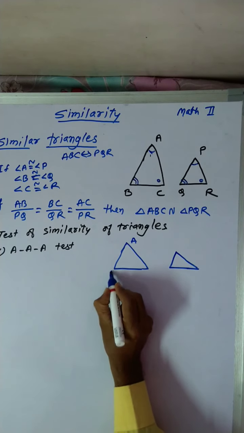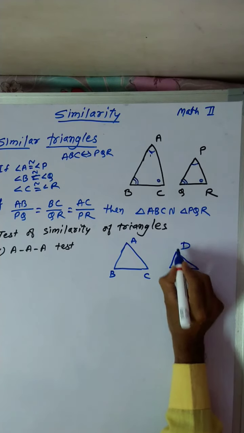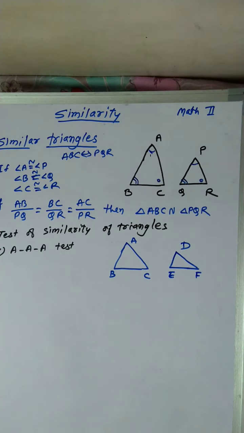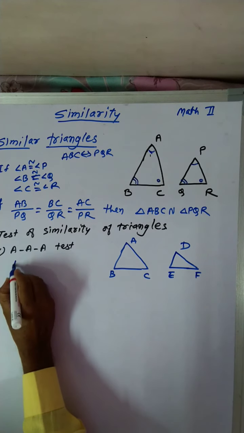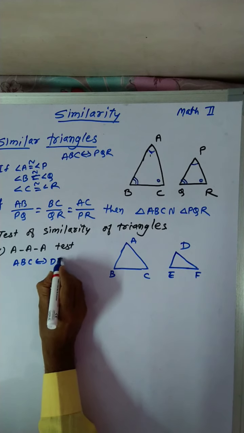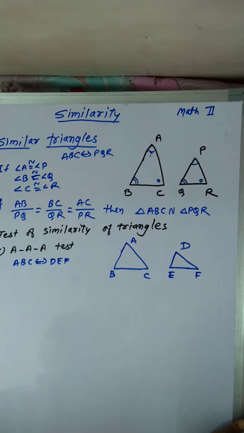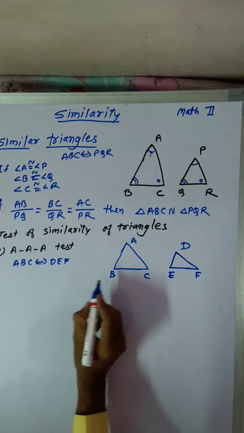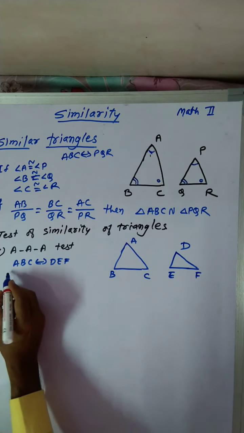Suppose these two triangles are given, and the one-to-one correspondence is ABC one-to-one correspondence with DEF. In similarity, one-to-one correspondence is most important. Write the names of the triangles in one-to-one correspondence only. Okay. Now, what is given?